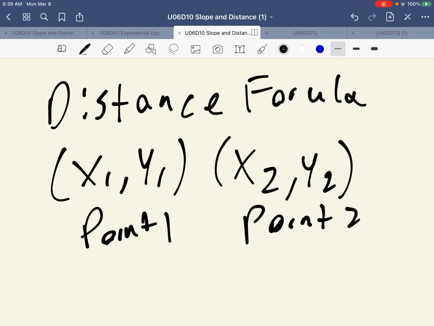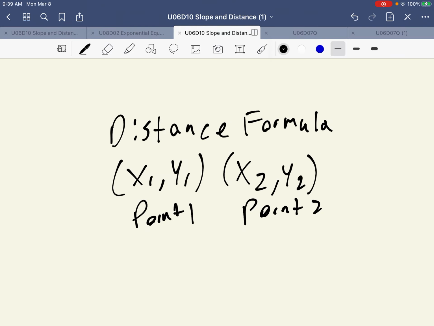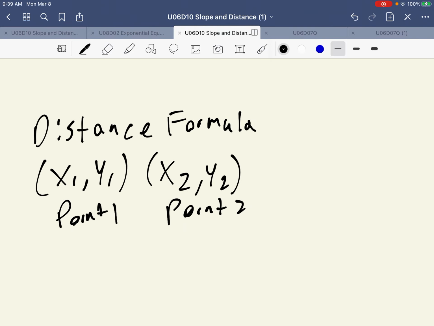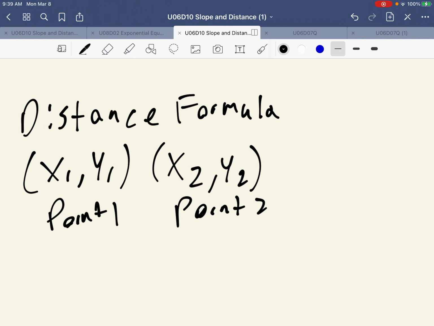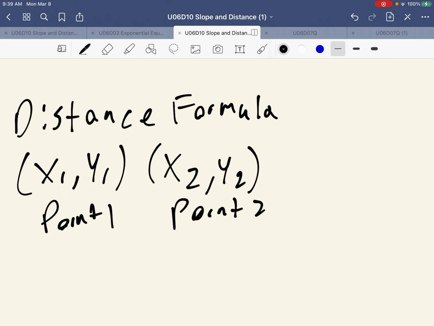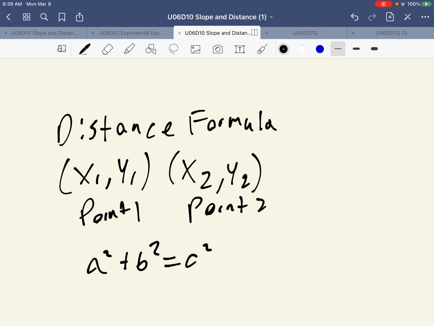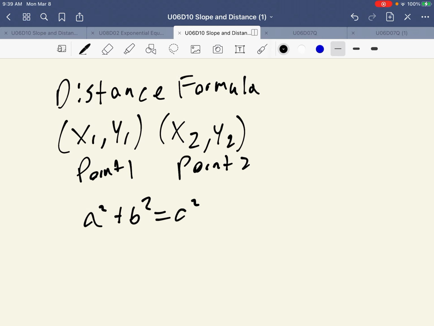So the distance formula is a version of the Pythagorean theorem. If you're not familiar with the Pythagorean theorem, it is this formula. It says a squared plus b squared equals c squared. The way it works is you have a right triangle.